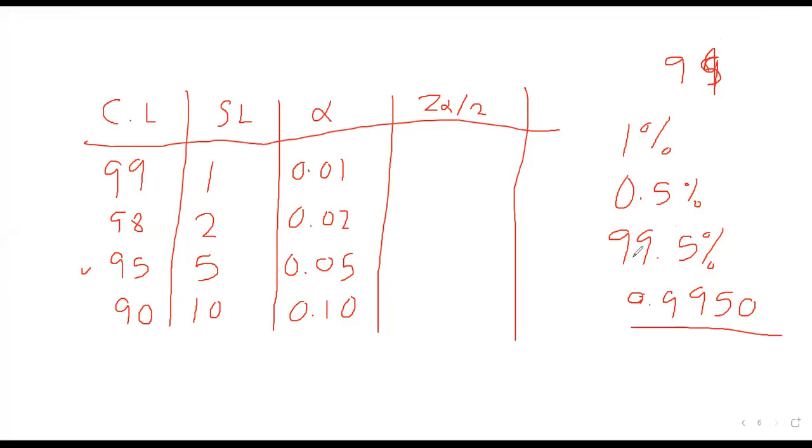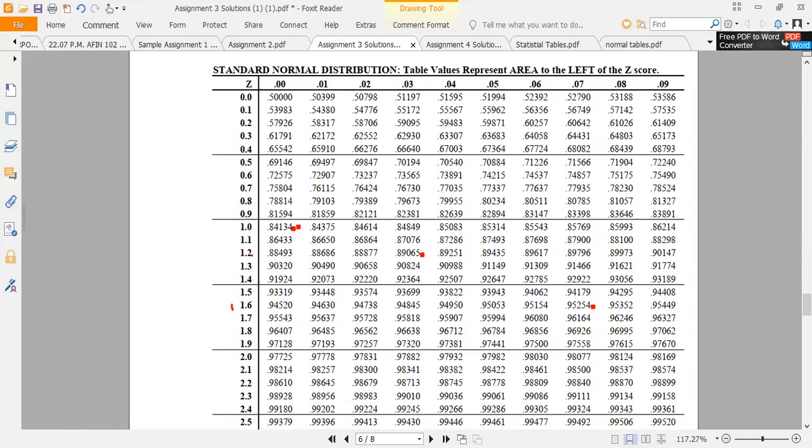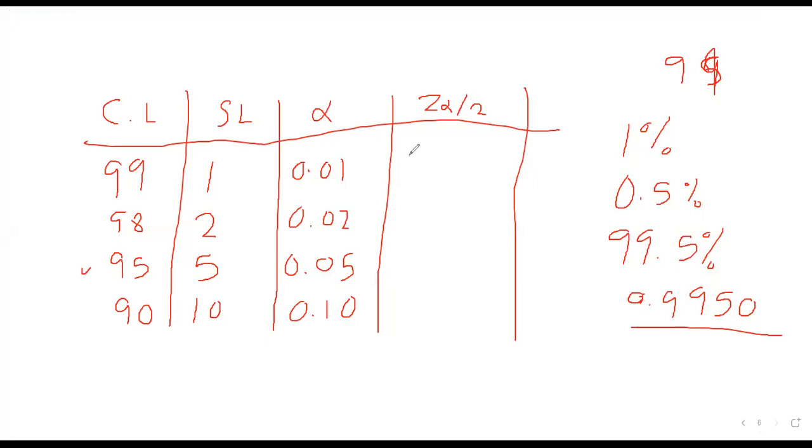And 99.5 converted to decimal is 0.9950. So we go inside the table, we locate 0.9950. Which numbers go to 0.9950? So we go down there, we check it out. You'll find that the closest figure is this one here, 0.99506. So this is 2.58. So meaning at 99%, we get 2.58.